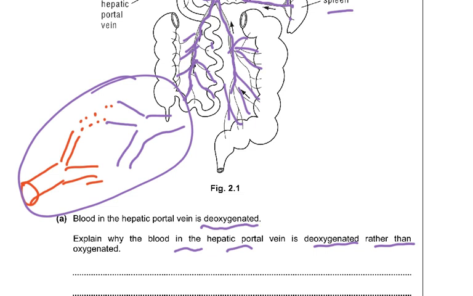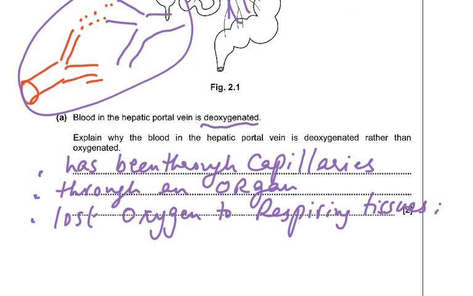Because the capillaries have joined to form veins, and the capillaries are where the exchange of gases has taken place. So the oxygen is given up, and the carbon dioxide enters the veins, and all the oxygen has been used by the respiring tissues, through capillaries, through an organ.